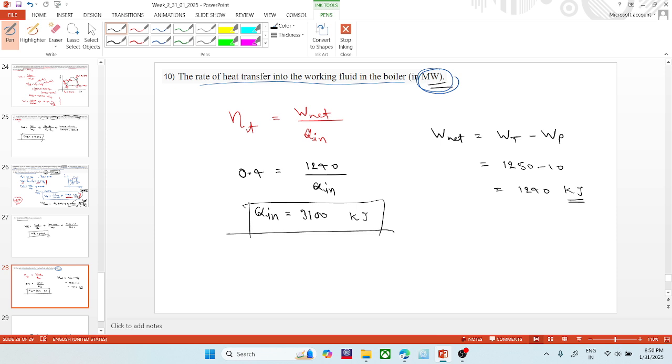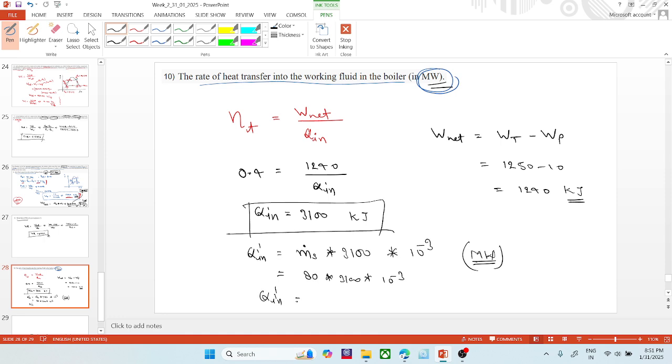To determine the values in megawatt, I have to multiply it by the mass flow rate of the steam into the value in kilojoule into 10 to the power minus 3 to convert the units into megawatt. So the value is 80 into 3100 into 10 to the power minus 3.